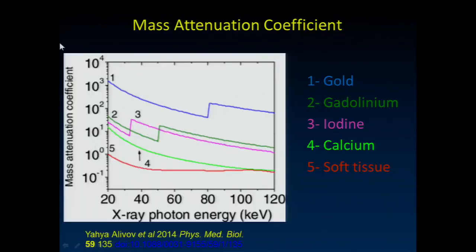So here's a mass attenuation coefficient. Before I was showing you cesium iodide and soft tissue. I just wanted to show you these. This is gold, this is iodine, this is calcium, this is gadolinium, and this is soft tissue. So someone tell me, what is this discontinuity due to?